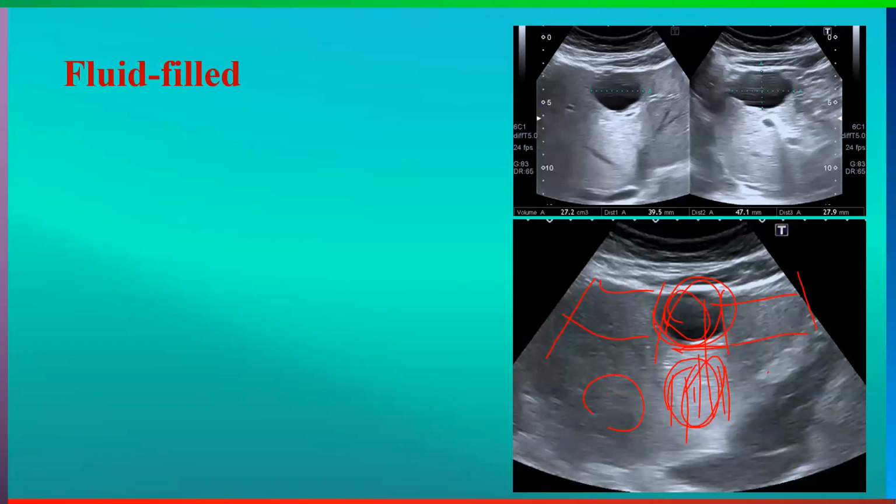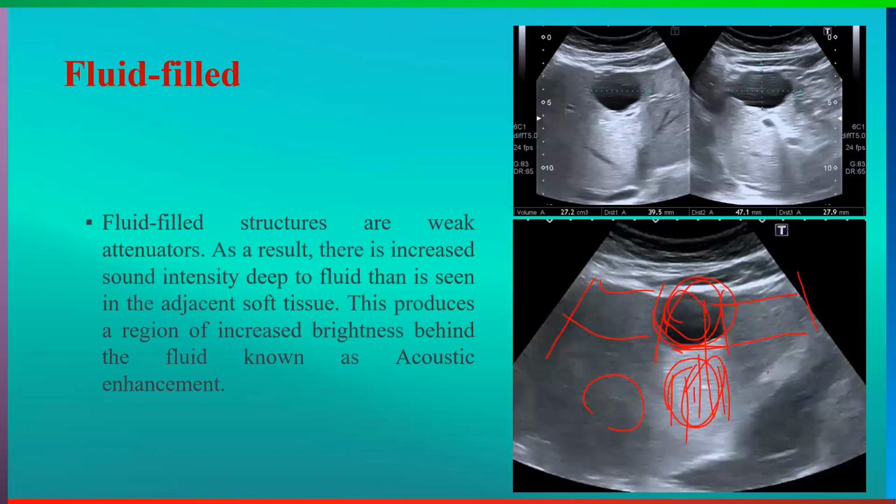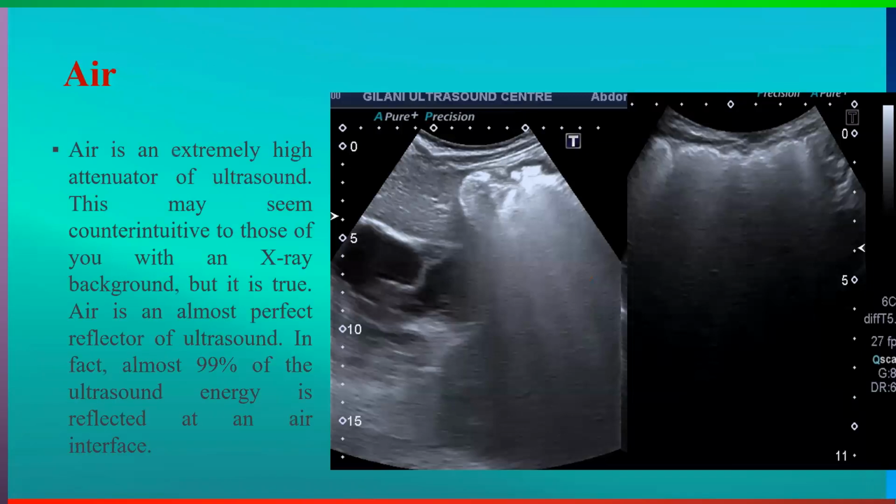So a low attenuating structure will have posterior acoustic enhancement, but a solid structure will have posterior acoustic shadow. And here you can see what's happening with the gases. These are intestines containing food particles along with gases, and you can see these are gases. So gases are strong reflectors.